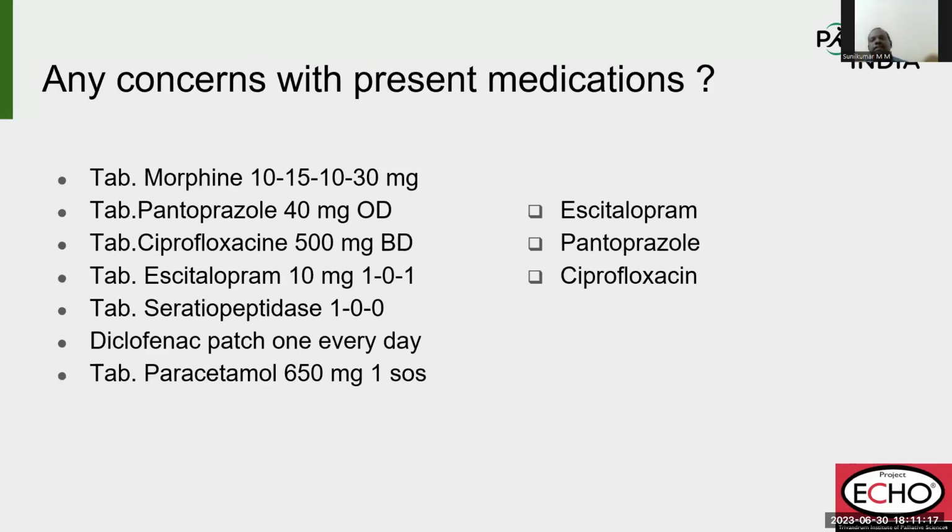So, can anybody calculate the dose of methadone for this patient? What will be the total dose of methadone required for this patient? Please calculate. About 5 milligrams twice daily. 15 milligrams.